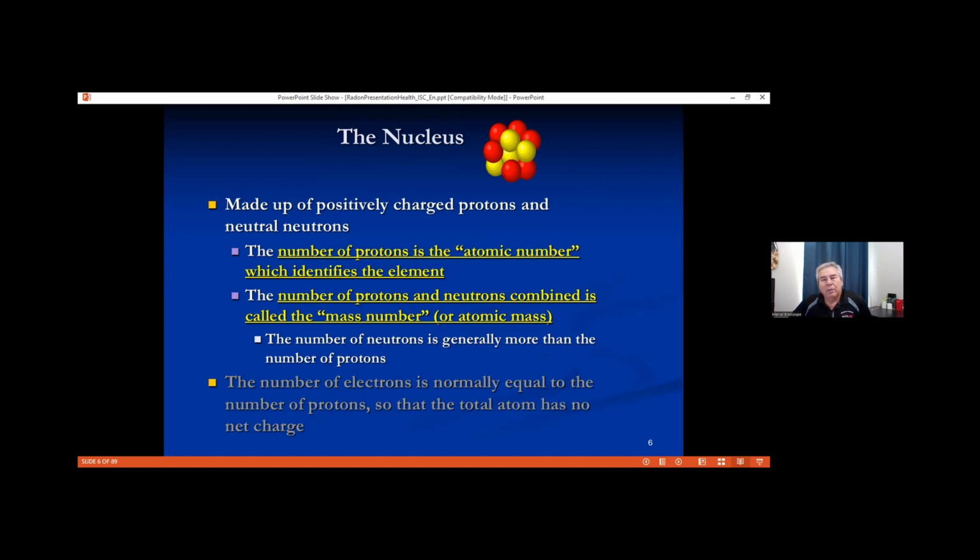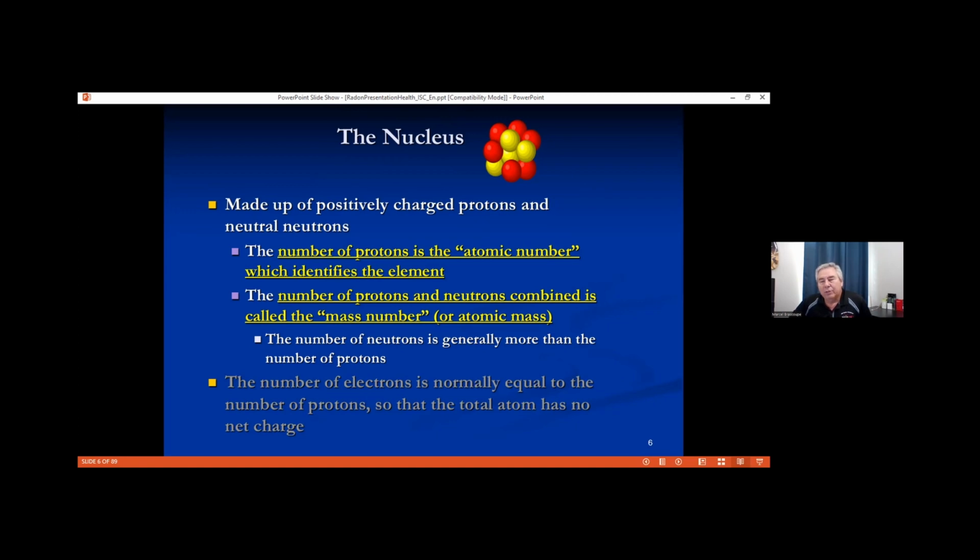The number of protons and neutrons combined is what we call the mass number, or atomic mass. Let's say the weight, as an example. Both of them combined are considered the mass, or weight, of the nucleus. The number of neutrons is generally more than the number of protons.